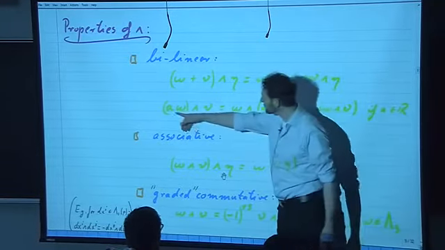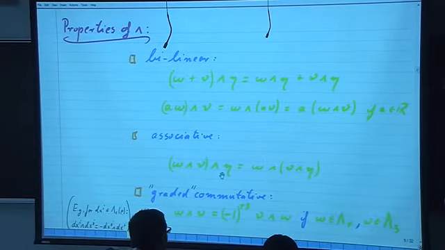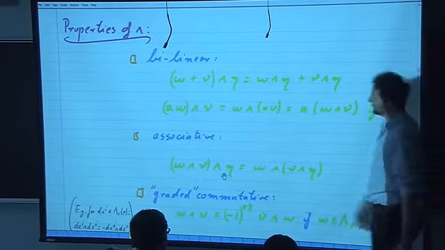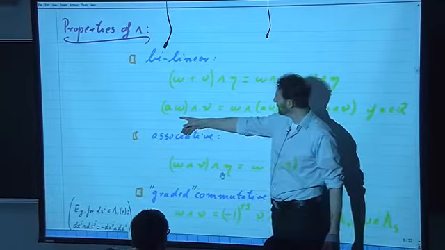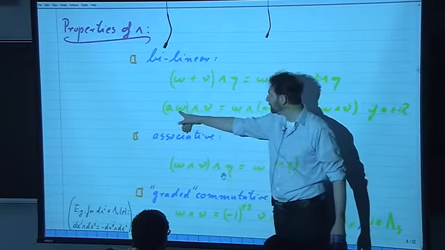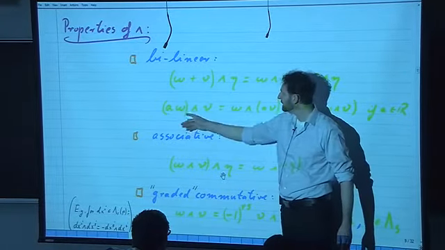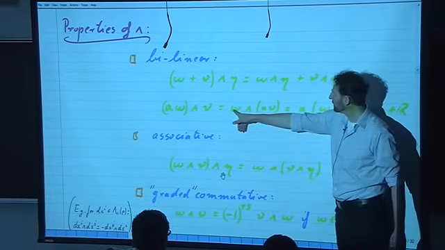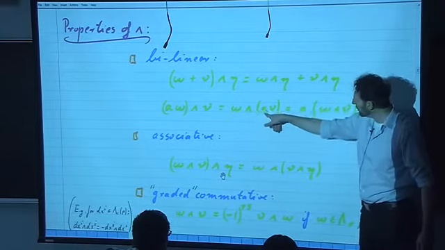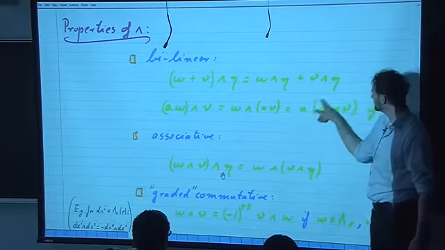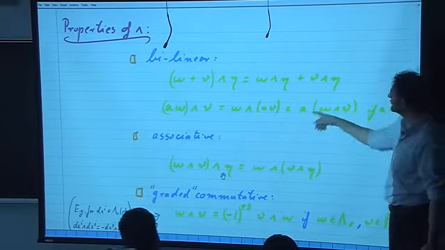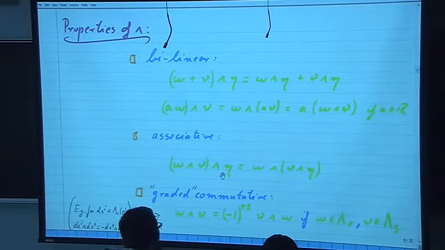Also, if a is a zero form, it's just a function or a number, if it's at a point, then applying it to the first differential form and then wedging with nu, or omega wedged with nu after applying the number, is the same as wedging omega and nu and then afterwards multiplying with a.